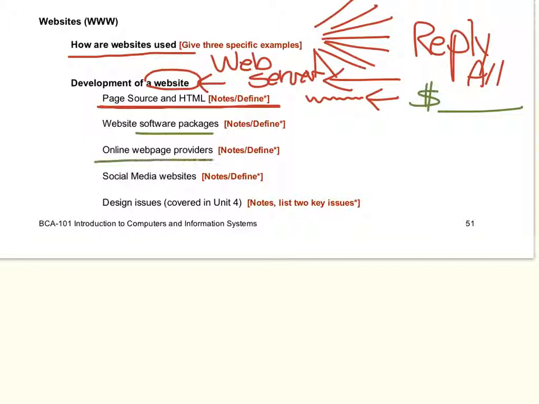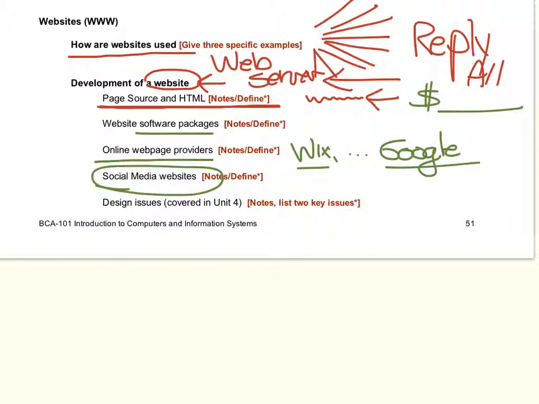There's all kinds of online providers, like Wix, I think that's what it's called, and there are others, Google. These are ones you can start out with for free and so forth. You can make use of your social media site as a website, Facebook or whatever you might be using.